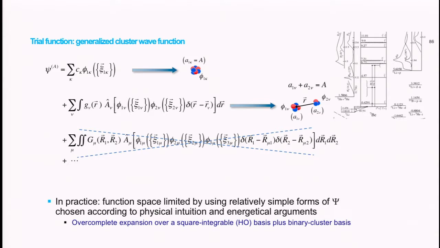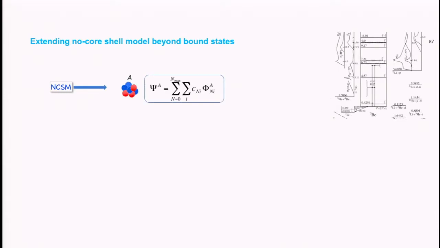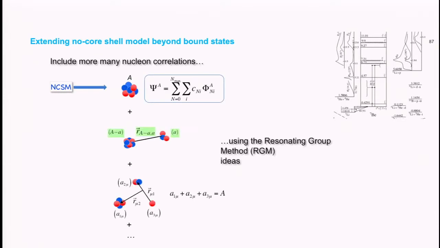And then this binary cluster part will be, for example, helium-4 plus helium-3 for the beryllium-7. I will use just these 2 pieces.